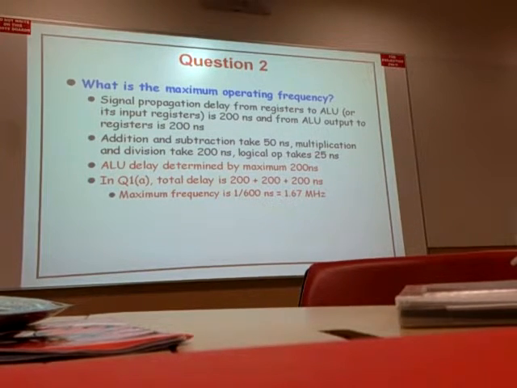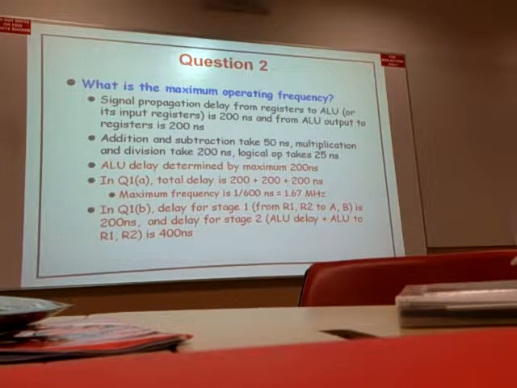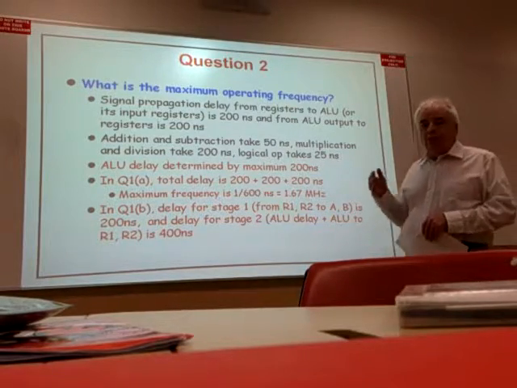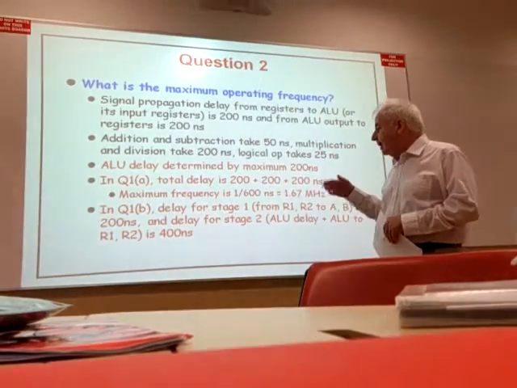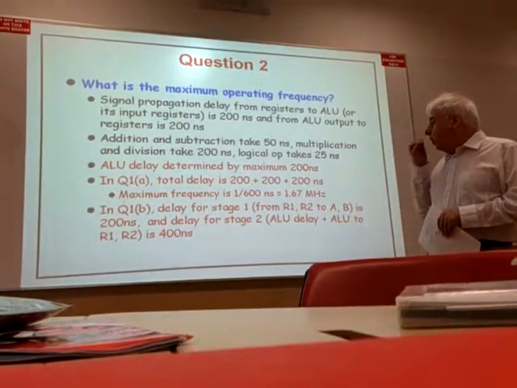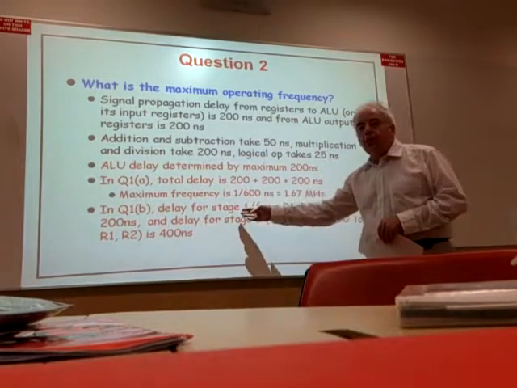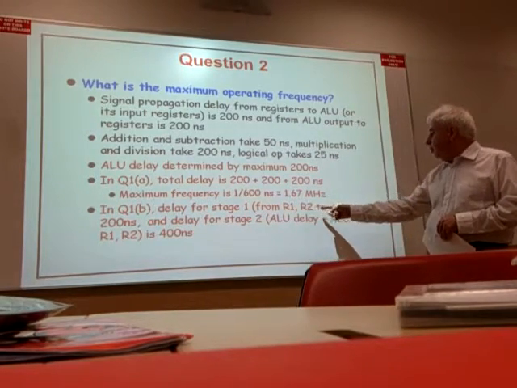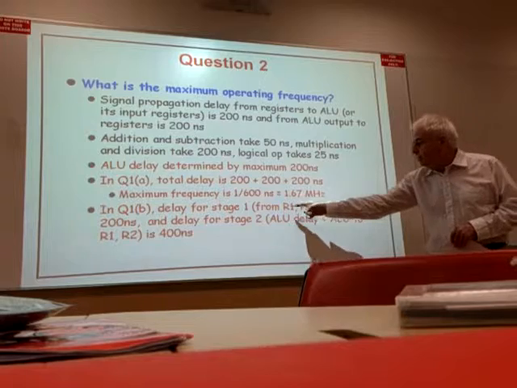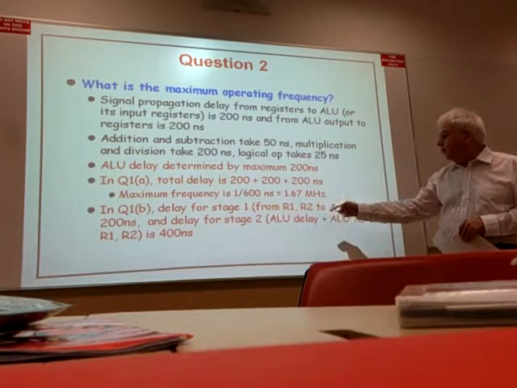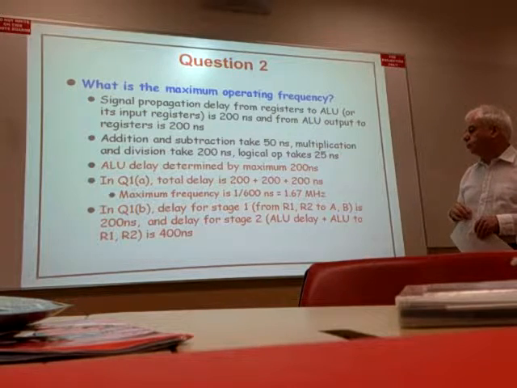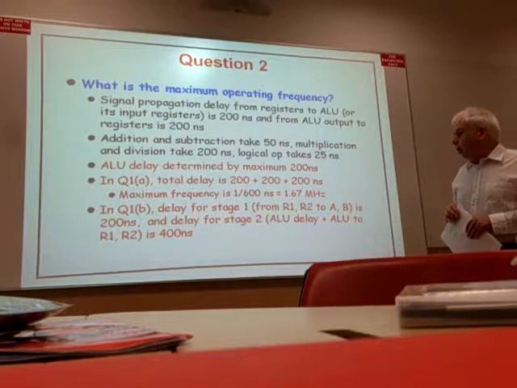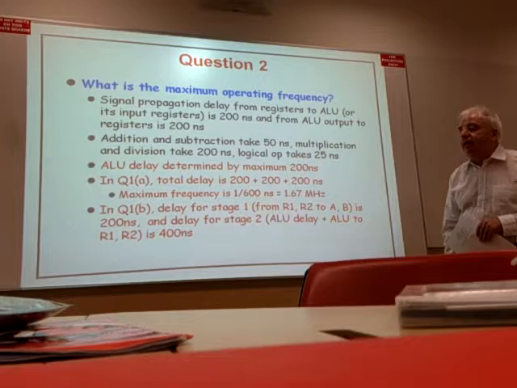Now for this architecture, B, we said it was a two-stage pipeline. The first stage is from the registers R1, R2, R3 to A and B, and that has a delay of 200 nanoseconds.